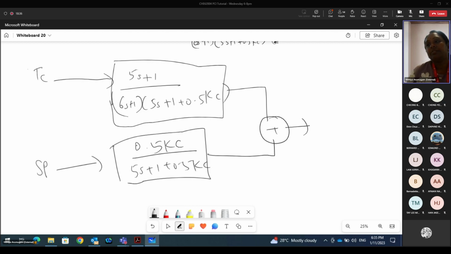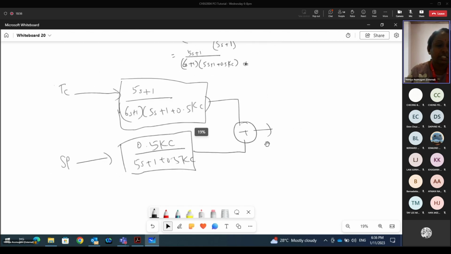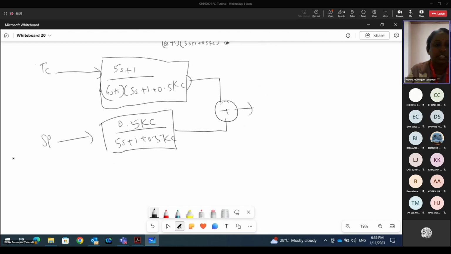But we also need to explain what we derive here, which will be better. We have to make sure all the variables shown here, in this condition the TC and SP, are deviation variables. Since they are in a diagram and transfer function, we only use deviation variables.